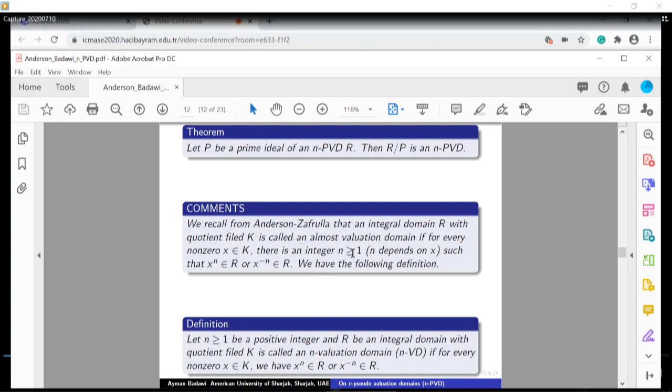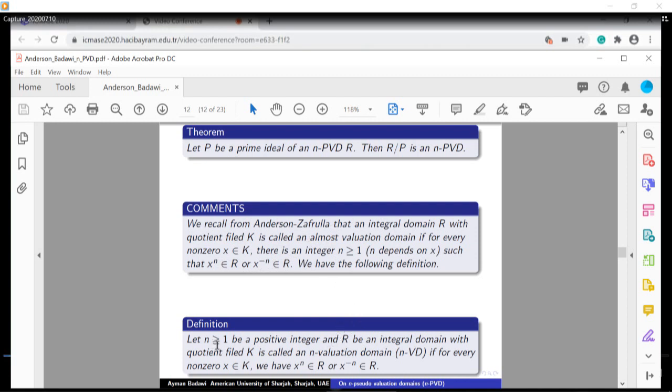Next, I mentioned this definition, but I remind you what we mean by almost valuation domain. Almost valuation domain means for every x in K, there is an integer n depending on x, where x to the n is in R or x to the minus n is in R. We generalize this to what do you expect? N-valuation.